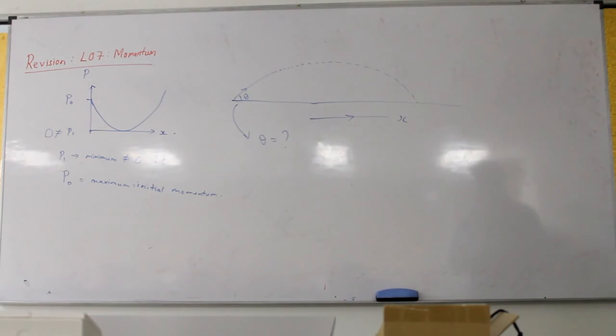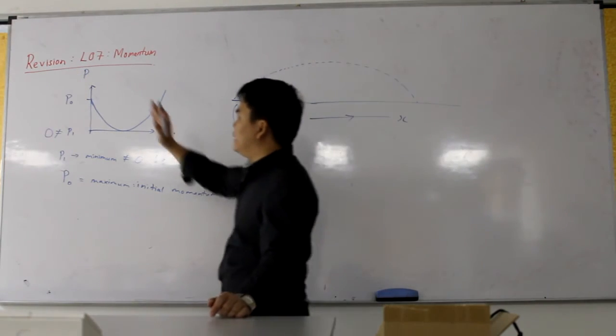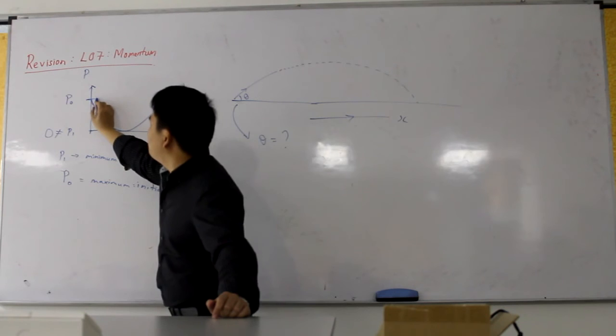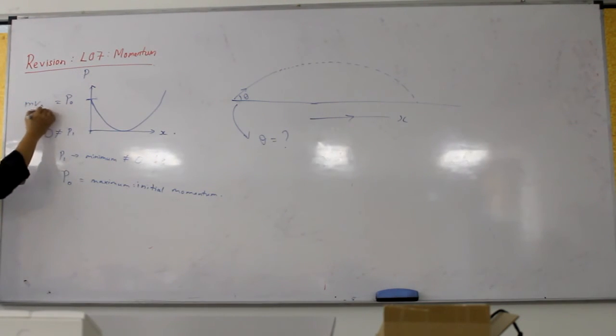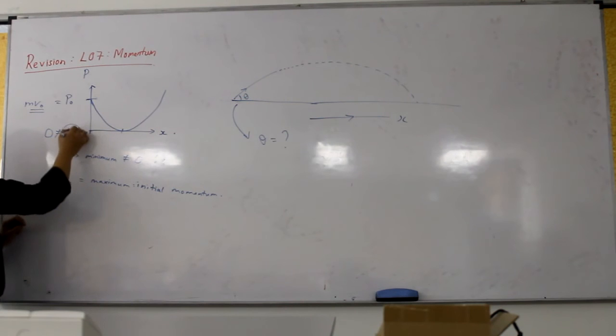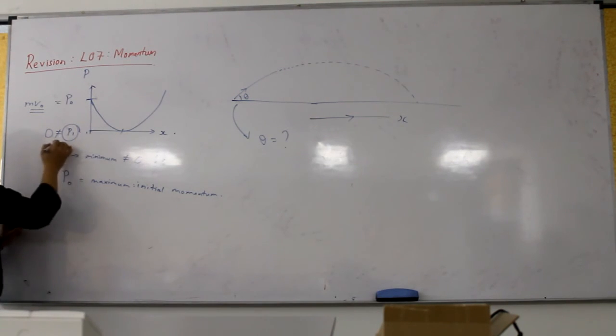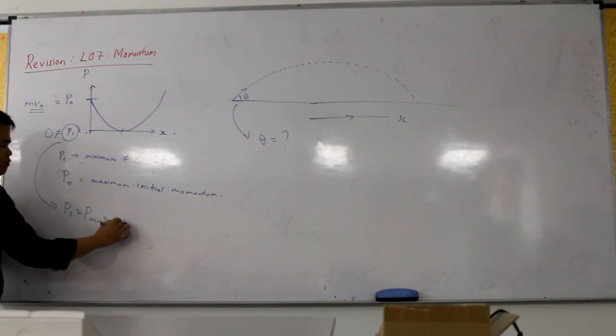This one involves higher order thinking skill, where you need to understand what is represented by this graph. First, P0 here indicates that it is m v naught. This is v naught. Second, this P1 indicates the minimum, which means that P1 is P minimum, which is also m v minimum.